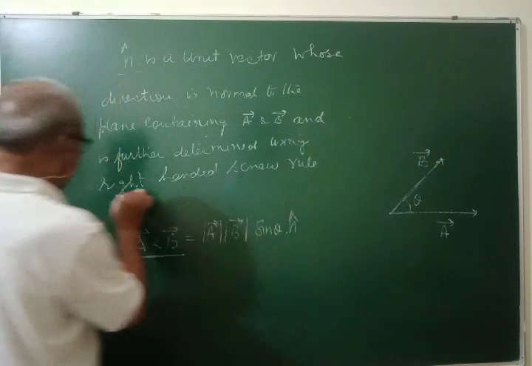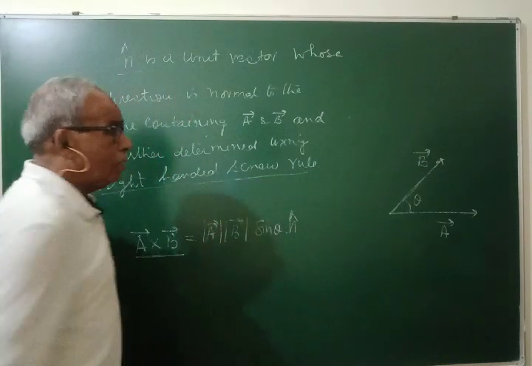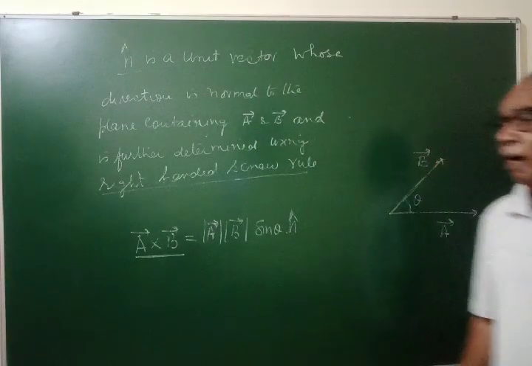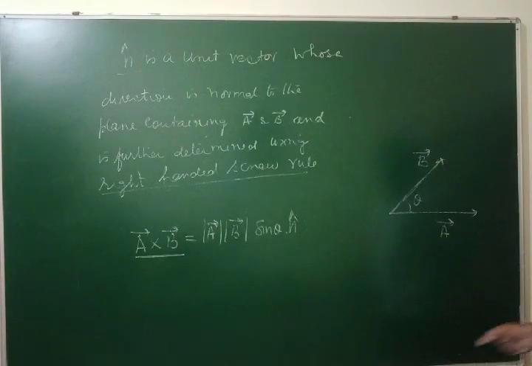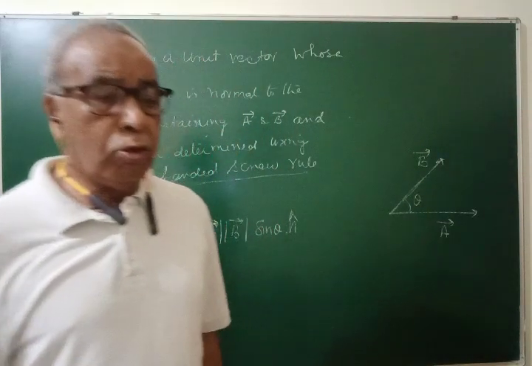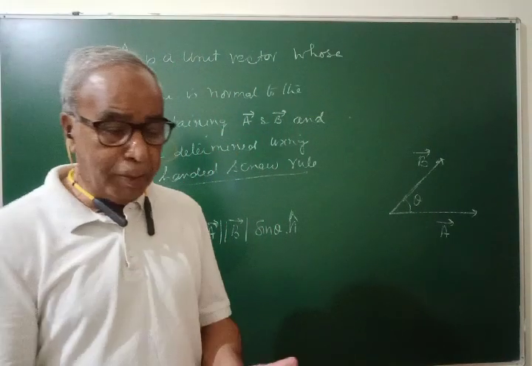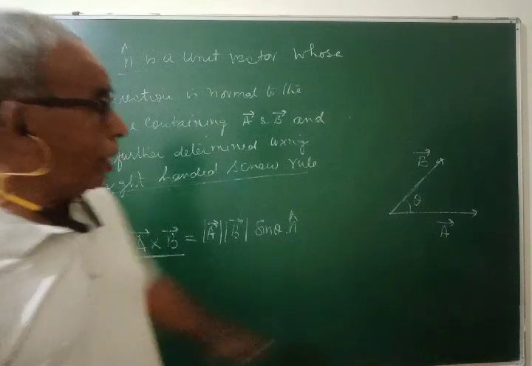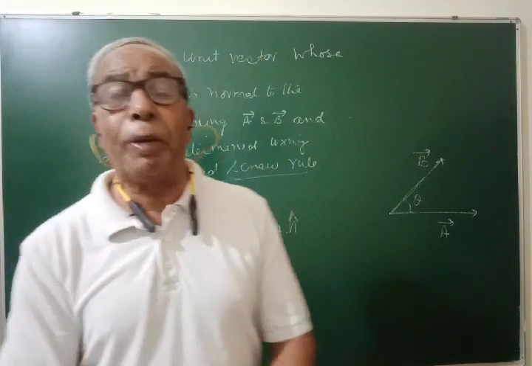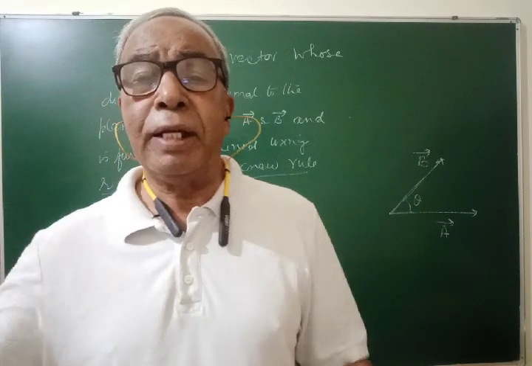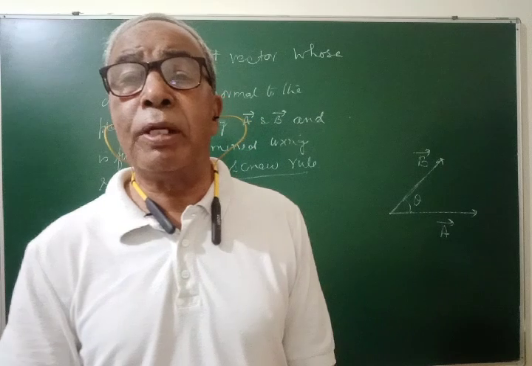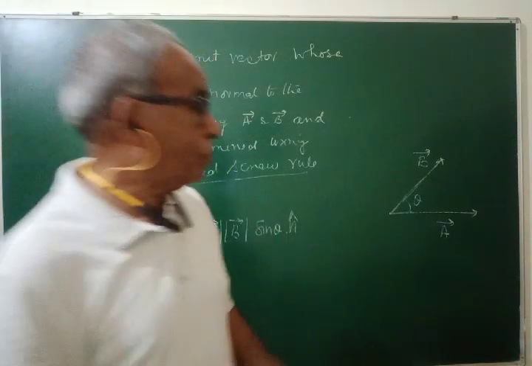Why is this said here? Actually, here vector A and vector B are lying in the plane of the board. When you draw the diagram, you will be drawing on your paper, copy paper. So A in your figure will be lying in the plane of the paper on which you are writing. Students, I have found you very much confused about the concept of plane.